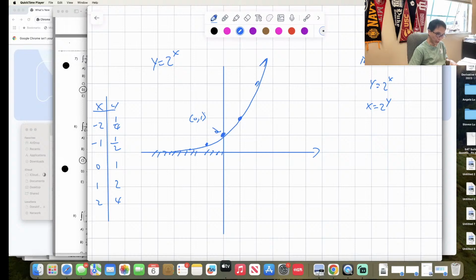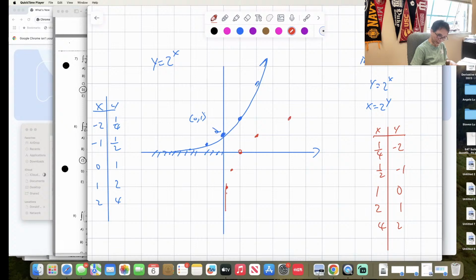Now your t-chart for this one is going to be in red. If I have x and y here, if I have 1/4, it's going to give you -2. 1/2 is going to give you -1. If 1, it's going to be 0. 2 is going to be 1, and 4 is going to be 2.